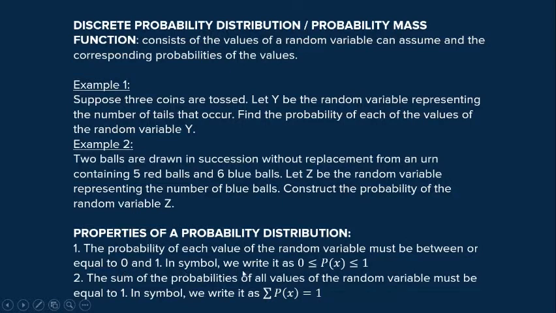In symbol, we write it as 0 is less than or equal to probability of random variable x, which is less than or equal to 1. Second, the sum of the probabilities of all values of the random variable must be equal to 1. In symbol, we write it as summation of the probability of random variable x equals 1.